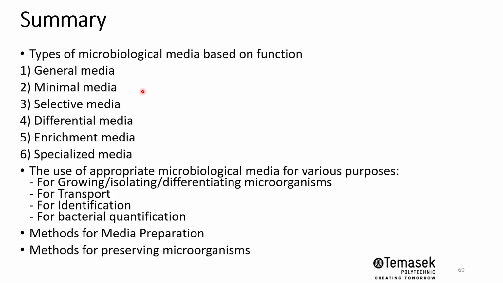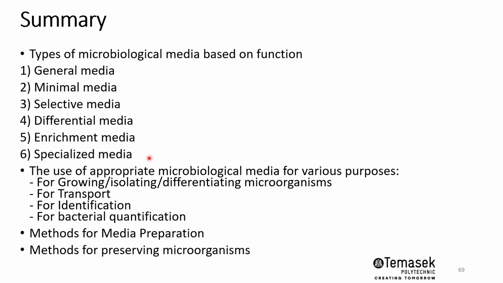Okay, we have also talked about differential media. Differential media utilizes color changes of a pH indicator to determine, for example, if there is acid or alkaline production by the microbe cultured on the differential media. So the utilization of nutrients, in this case a carbon source such as lactose, sucrose, or glucose.